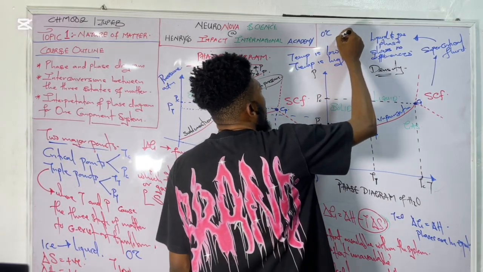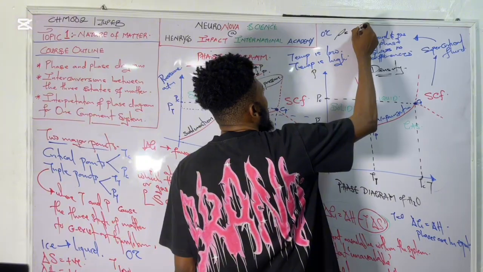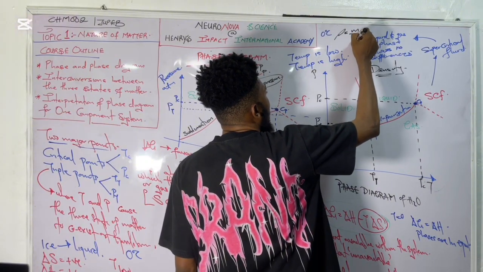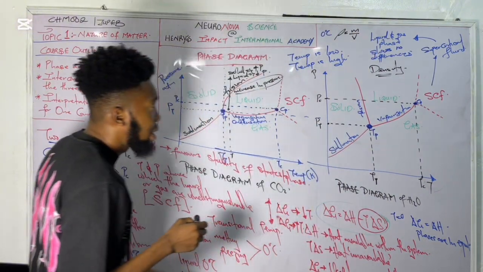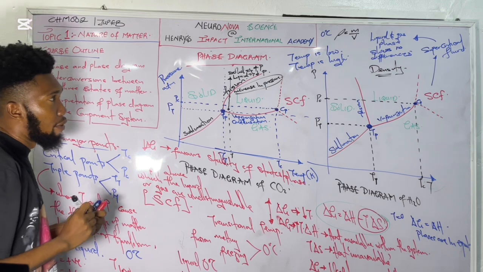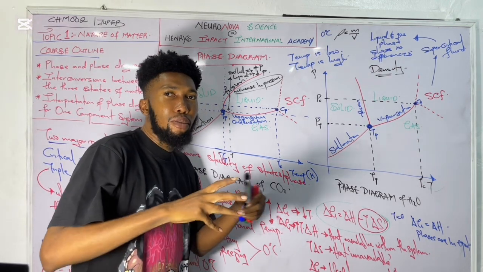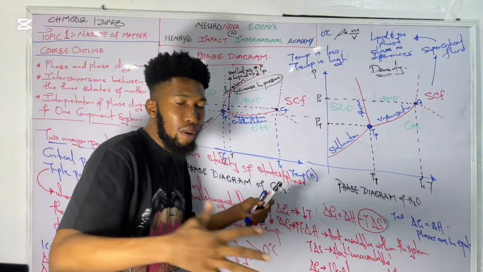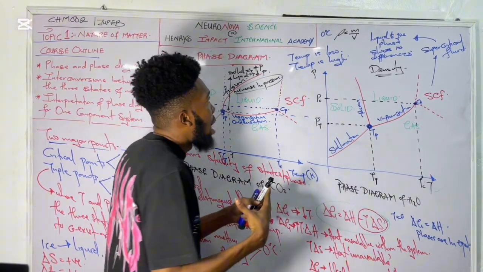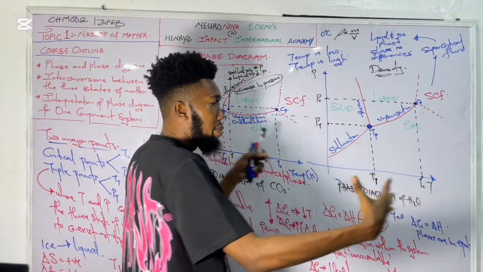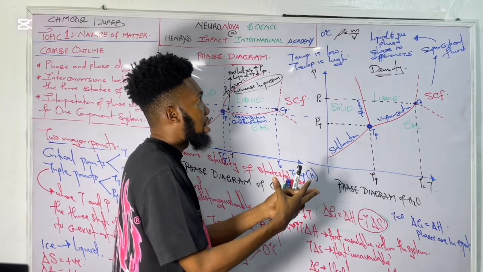We know that density is equal to what? Mass over volume, right? So the lower the volume, the higher the density. And you know that volume is more about spaces. So if we reduce the spaces, it means we are bringing them together. They are going to become more compact, right?